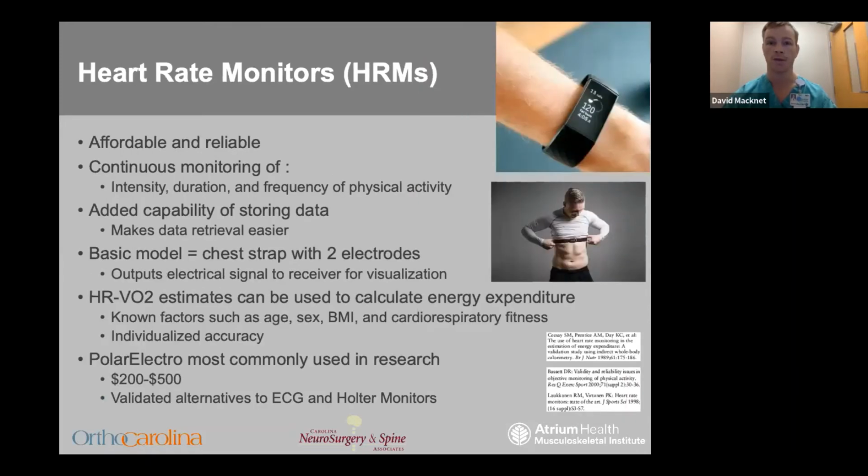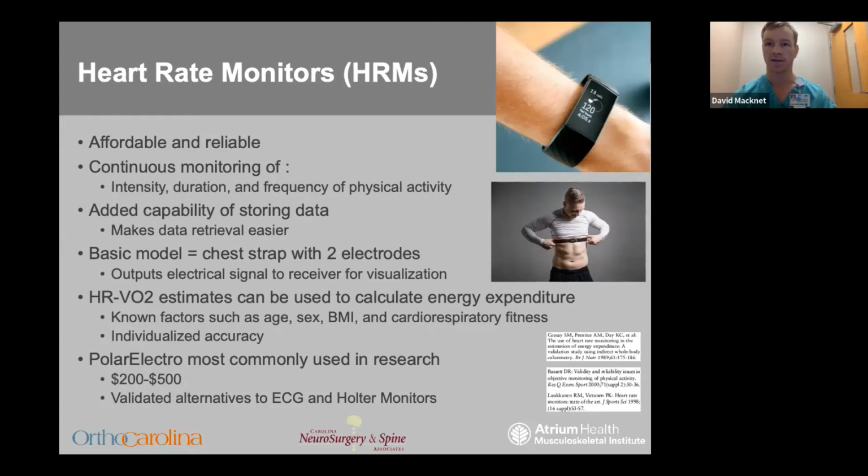And there's heart rate monitors, which do just that. And these are kind of a completely different field of data generation. They're better at measuring metabolic costs at different levels of activity. Additionally, heart rate monitors include the ability to store their own data, which makes data retrieval easier. The basic type is worn as a chest strap, as depicted in the lower image here.